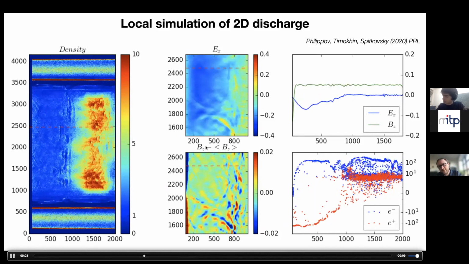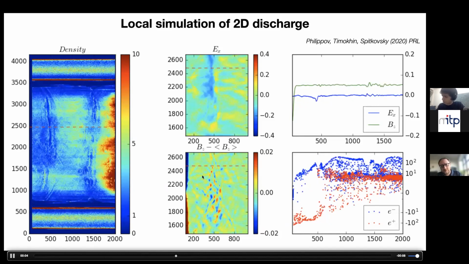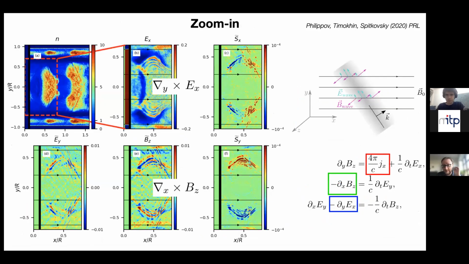And basically, we started trying to understand what happens here. What happens is that you have mainly electrostatic waves, which just oscillate the electric field component along the magnetic field, but it happens at an angle with respect to the magnetic field. So you have a transverse curl of this electrostatic electric field.